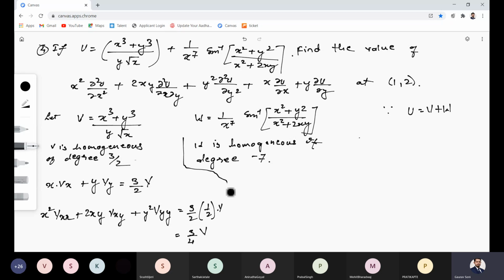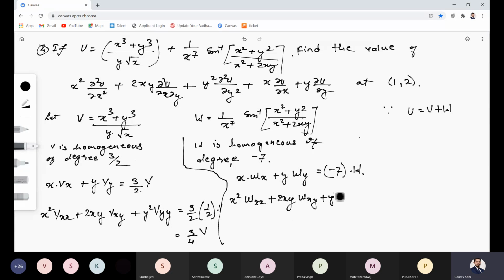And for w, the same calculations: x into wx plus y into wy is equal to minus 7 into w, and x square wxx plus 2xy wxy plus y square wyy is equal to minus 7 into minus 7 minus 1, which is minus 8, so 56 w.